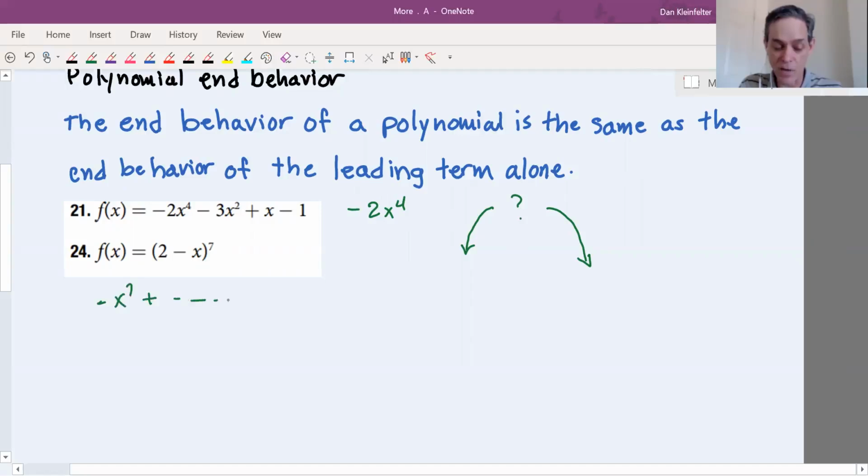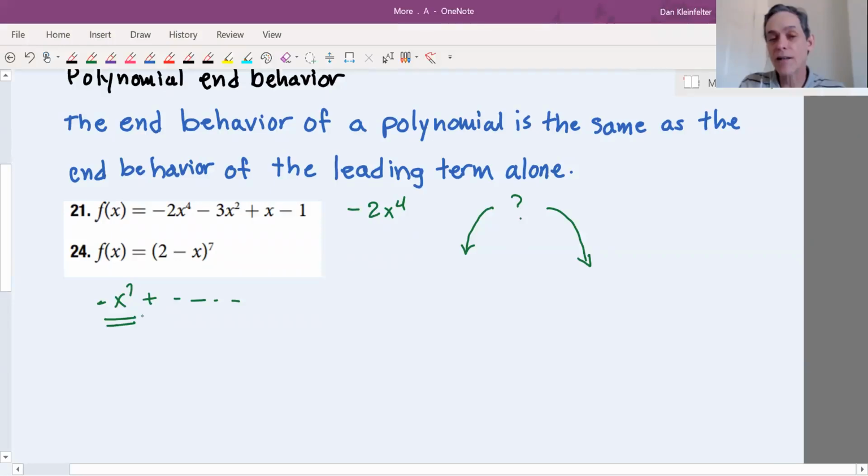And then you're going to have a whole bunch of x to the 6th and x to the 5th and x to the 4th and so on. And then your last term is going to end up being 2 to the 7th power, which is like 128, I think. But all that doesn't matter. What matters is that leading term, which is minus x to the 7th power.